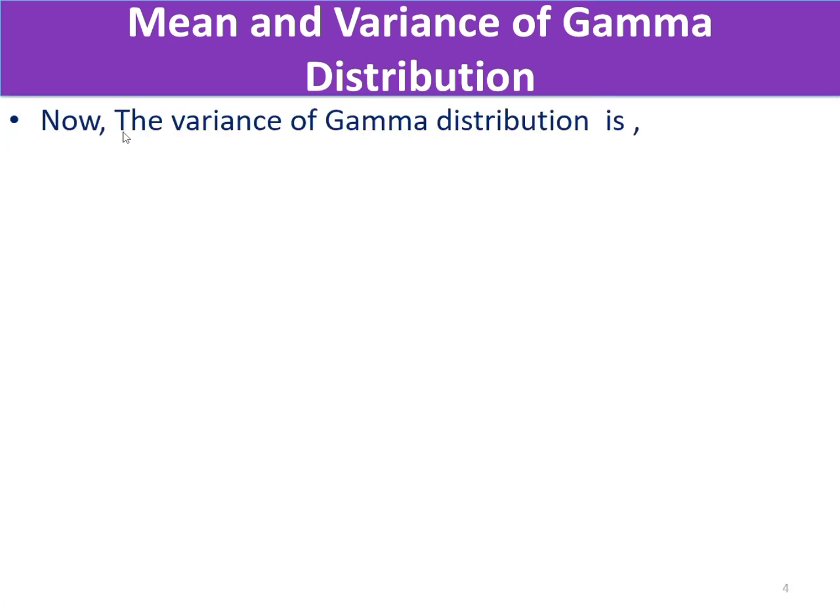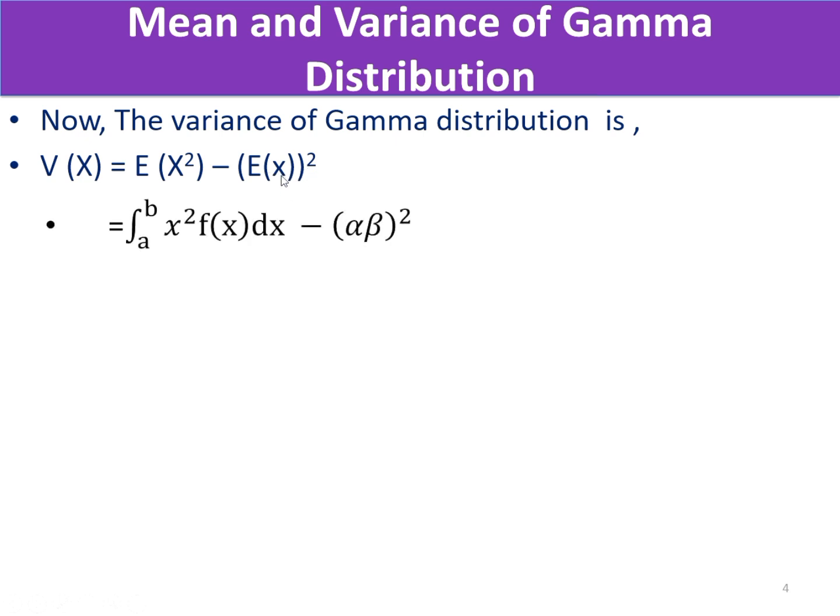Similarly, to calculate the variance of this distribution, the variance of the gamma distribution is defined as variance of x equal to the expected value of x square minus the square of the expected value. So the value of E of x square is equal to the integration of x square f(x) dx, minus the value of the expectation, alpha beta, squared.